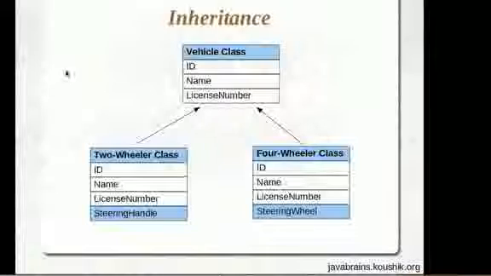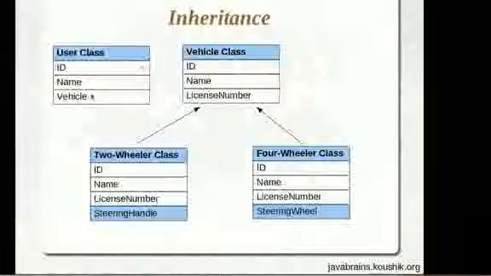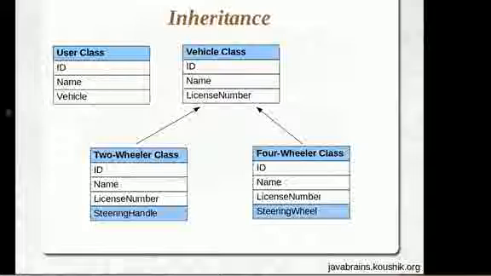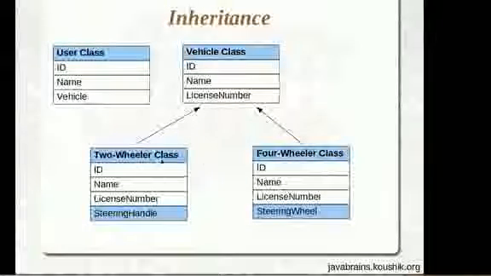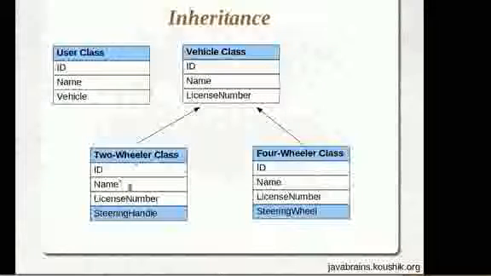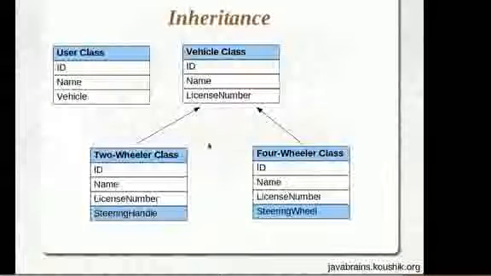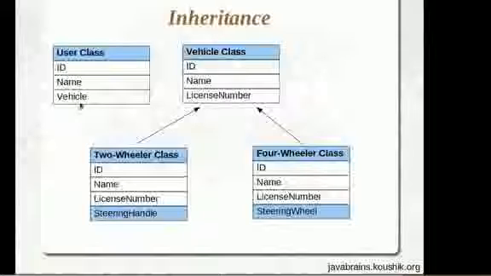So I have a reference to a vehicle. Say something like this. Now this vehicle is a placeholder for both the two-wheeler and a four-wheeler. I can assign any one of these objects over here, and I wouldn't know until runtime what it's going to be.